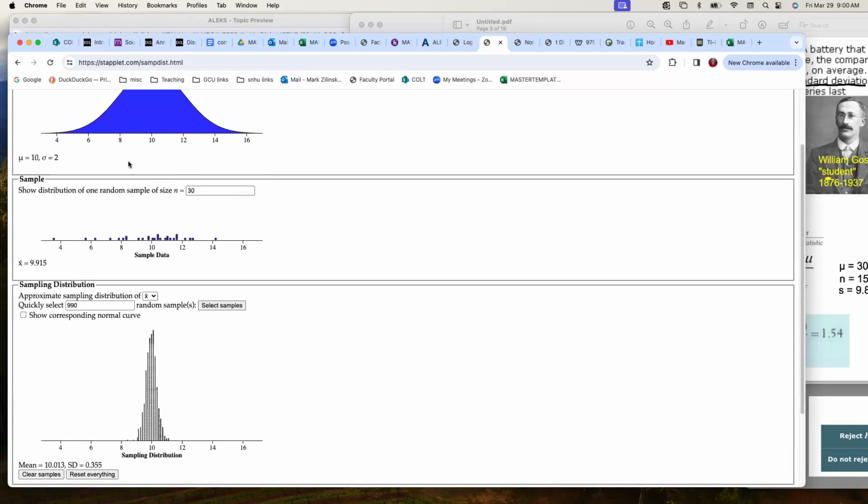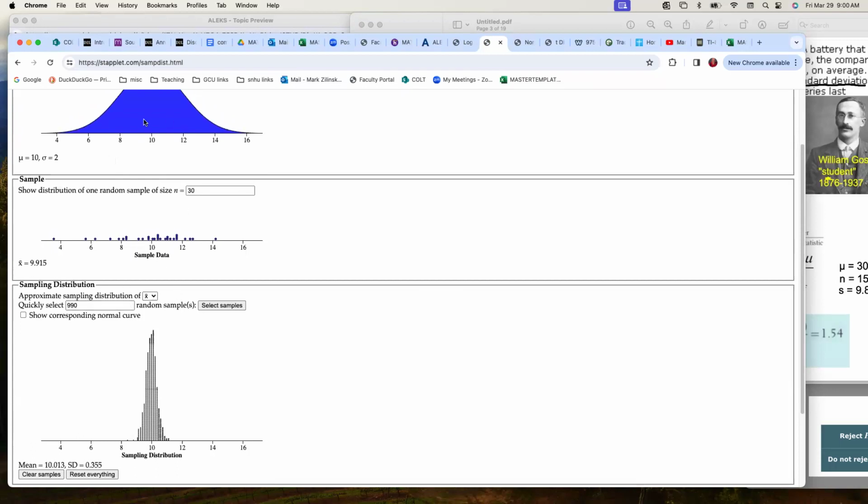Now, the number of possible combinations of 30 we can get out of this super large population, which for all practical purposes is infinite, like millions upon millions of observations in this population, this is just a small number of those.